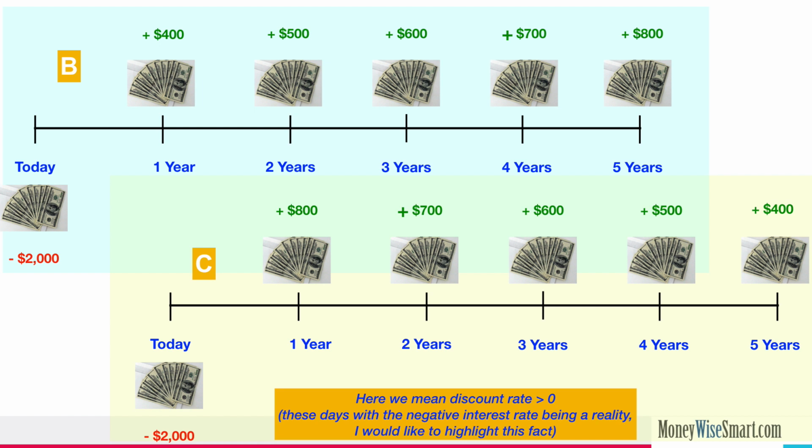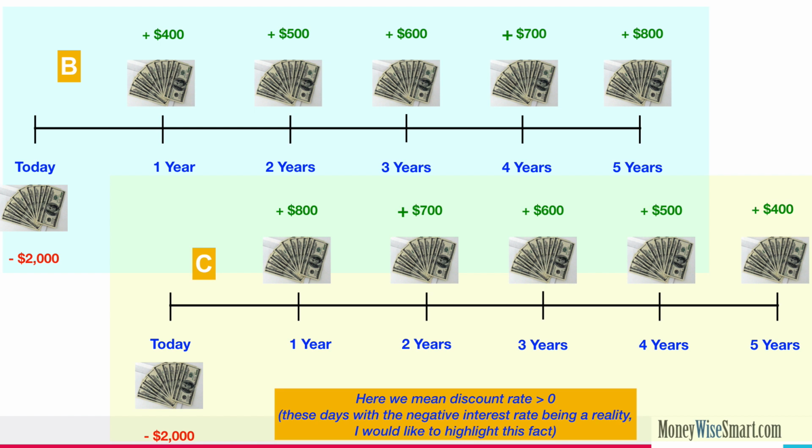So in scenario B, the higher cash flows are happening in the distant future, whereas in scenario C, the higher cash flows are happening in the near future, which means the present value of the $800 happening 1 year from now is going to be a lot higher as compared to the present value of the $800 that is happening 5 years from now in scenario B.